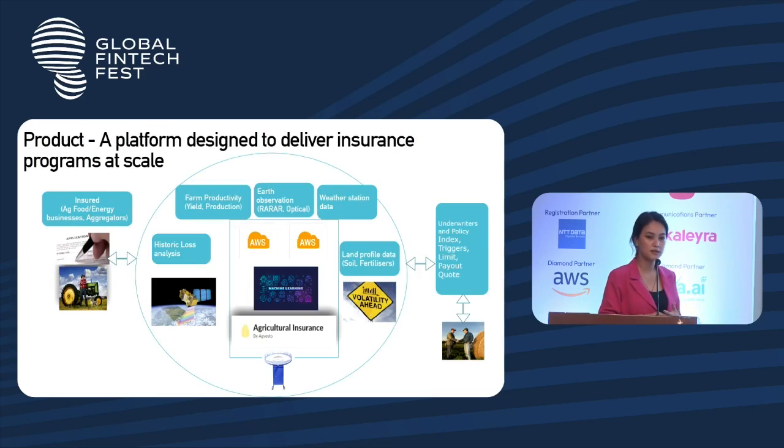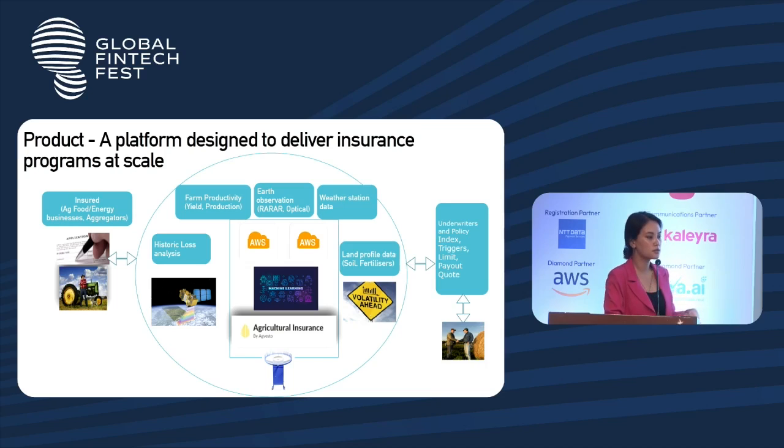In the last slide, we have product. As a UK-based broker company, we are not only a broker, but we focus on product creation as well, where Agvesto collects the data and information looking at the historical losses, farm productivity, earth observation, weather station, and land profile.